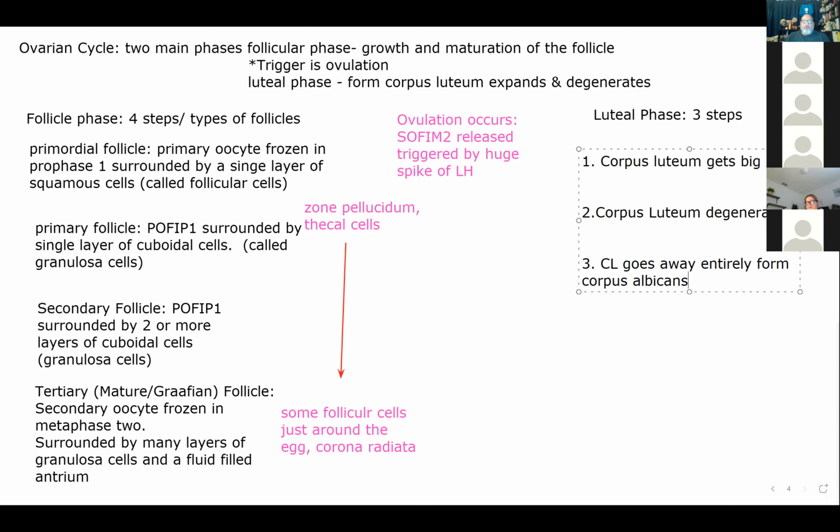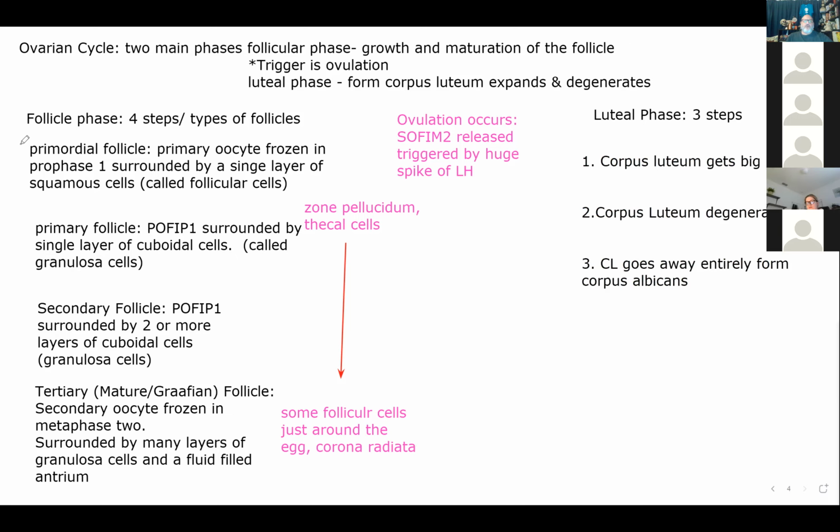So we have a story to tell, and these are all the players, all the pieces, all the places in our story for our ovarian cycle. All right? Does this part make sense? Okay, excellent. So then let's work our way through this.